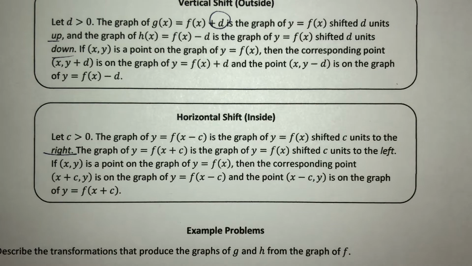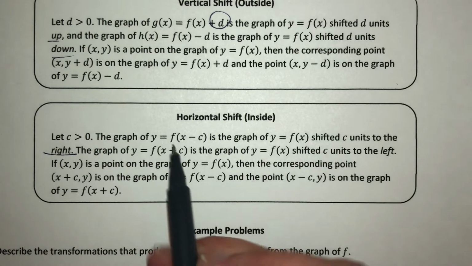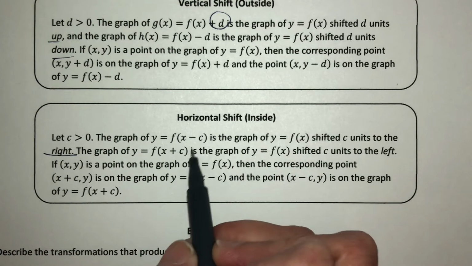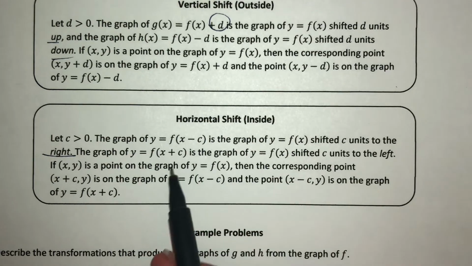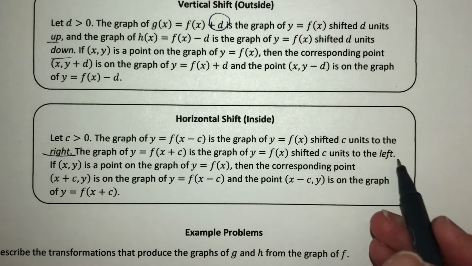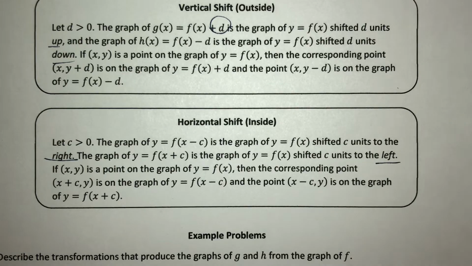It seems backwards. And if you end up with a plus C, that would mean that your C is a negative number. And if your C is a negative number, then you're going to the left. So horizontal shifts are not what we would hope they would be, but they're still not that difficult. So vertical movement is outside of the function. Horizontal movement is inside of the function.